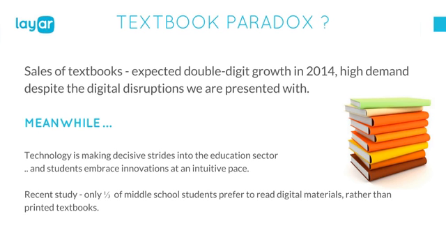And although technology is making decisive strides in this sector, and students embrace innovations pretty easily, as I was mentioning before, it's a different generation, different type of learners that we're talking about. A recent study shows that only 1/3 of middle school students prefer to read digital materials rather than printed textbooks.